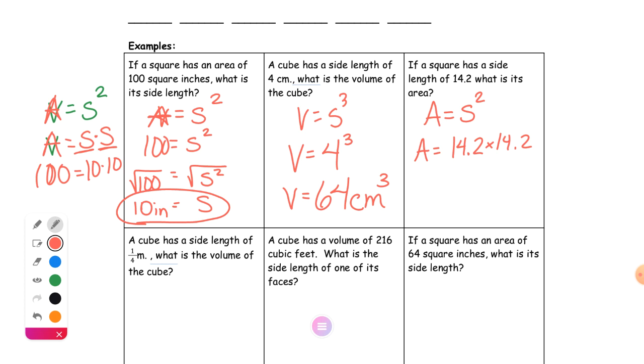Look at the next one. Again, we're not solving that one because of time. A cube has a side length of 1/4 meters. What is the volume of the cube? Lexi, what's my formula for volume of a cube?